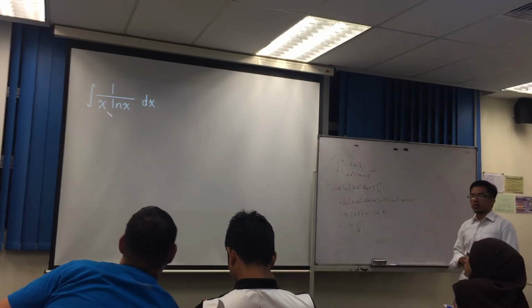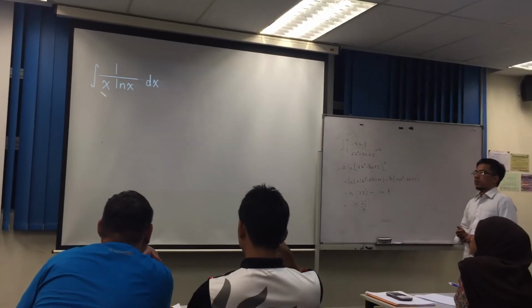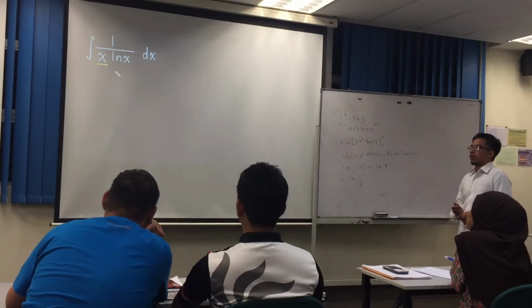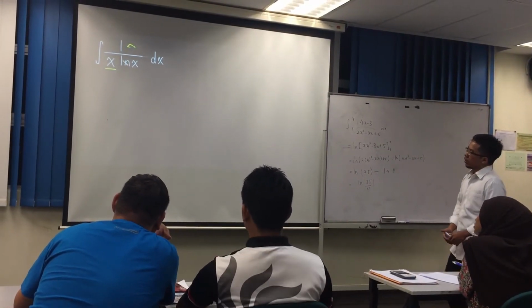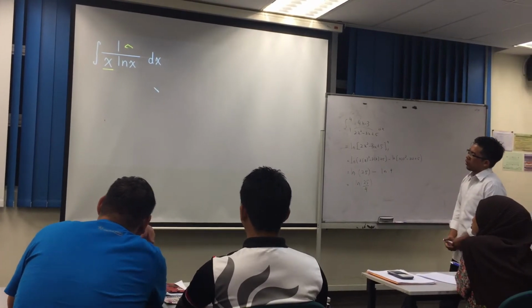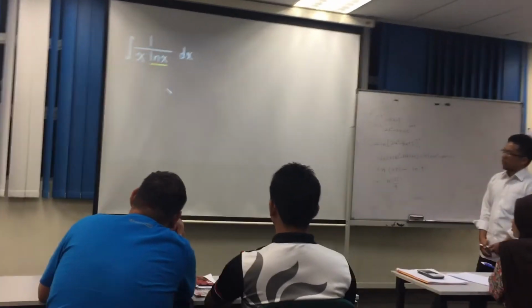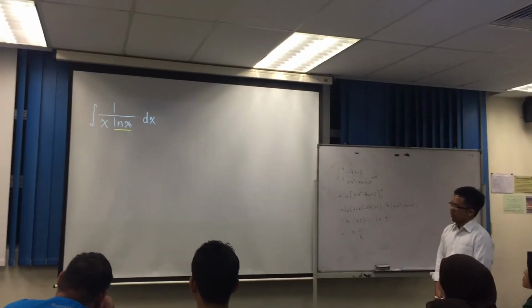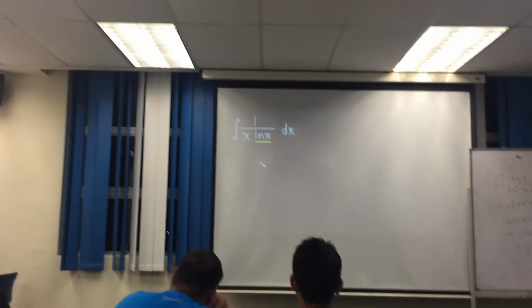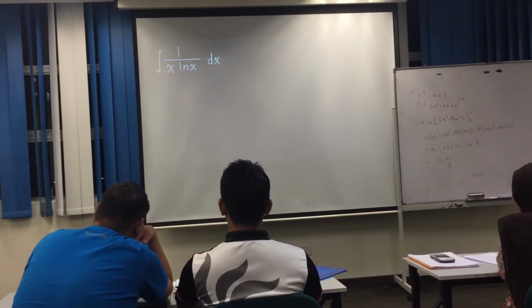Well, the derivative of x, if x is our function, the derivative is simply 1. We have a 1 here, but that doesn't take care of this natural log at all. That natural log will still be there. On the other hand, we have the natural log of x, and its derivative is 1 over x. And it looks like we have that there.